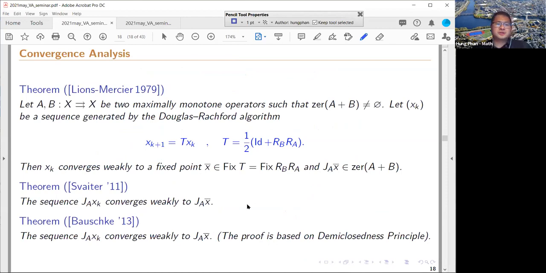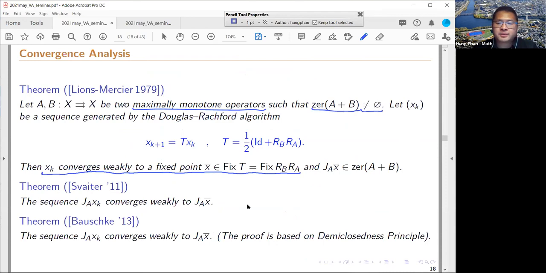All right, so convergence analysis, I just quote three notable results. One of the most important results is due to Lions and Mercier in 1979, saying that if the two operators are maximally monotone operators, such that the zero of the sum is non-empty, then the sequence generated by the Douglas-Rachford algorithm will converge weakly to a fixed point.